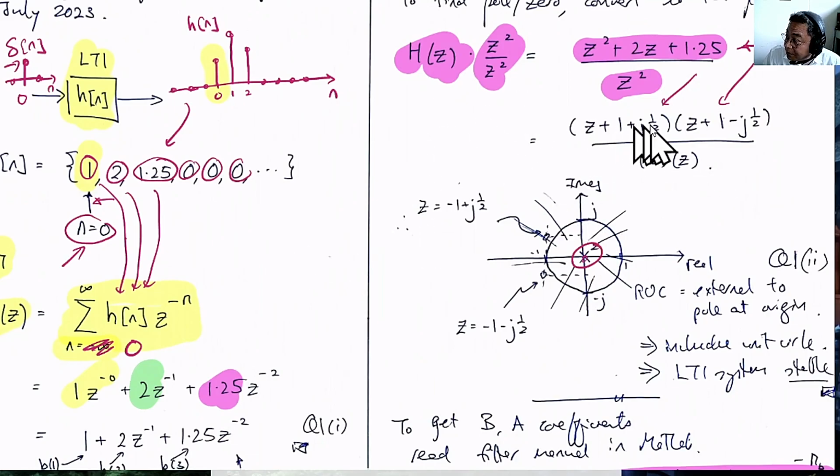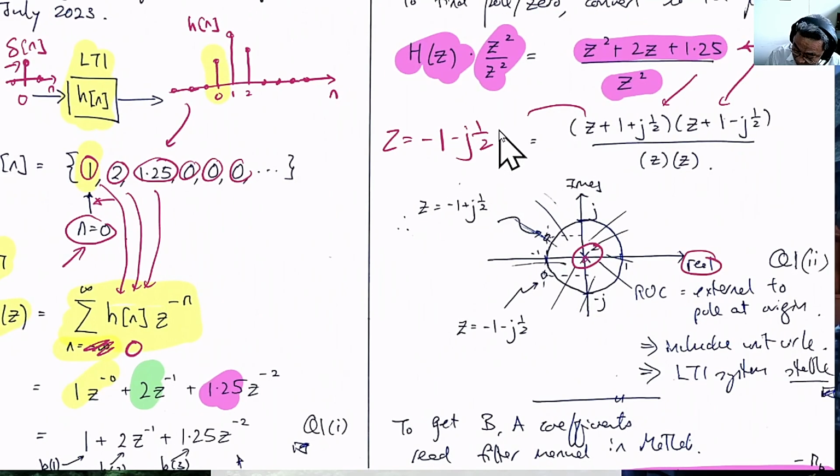What about z plus 1 plus j half? This means that when z equals minus 1 minus j half, the numerator becomes 0. So where is minus 1 minus j half? What you do is draw the real axis and the imaginary axis, and then draw a unit circle.